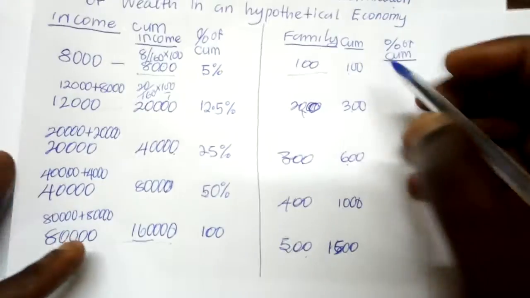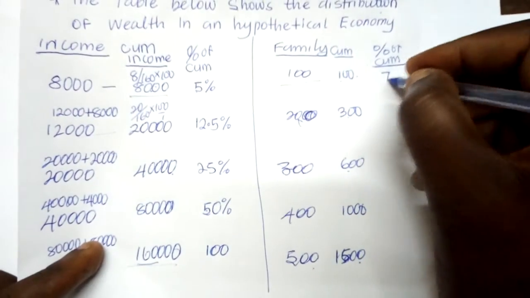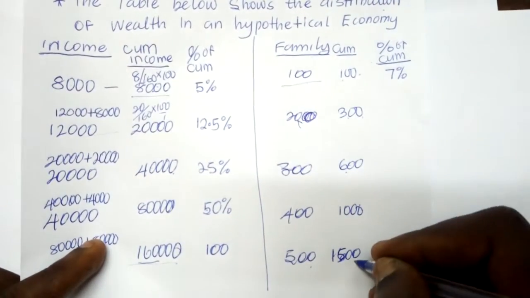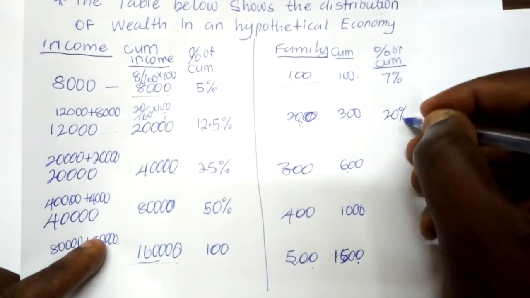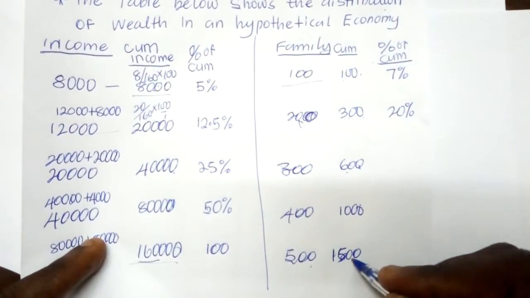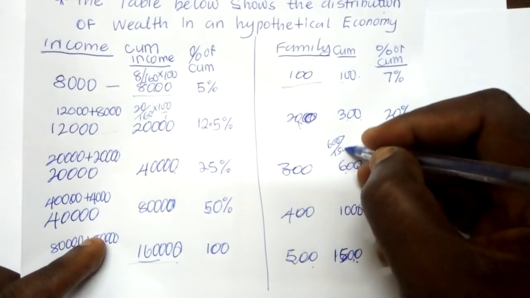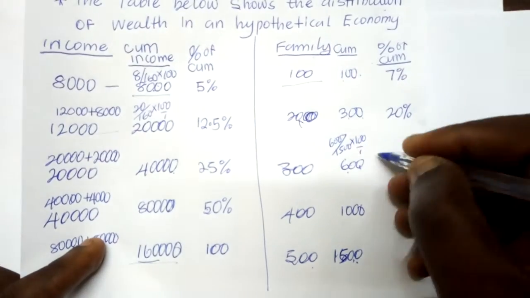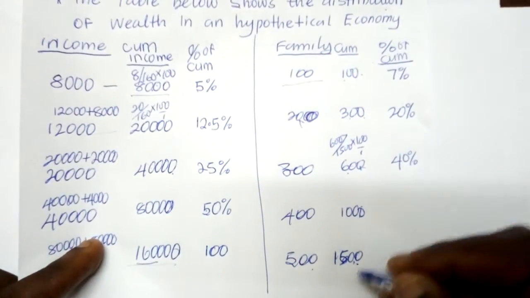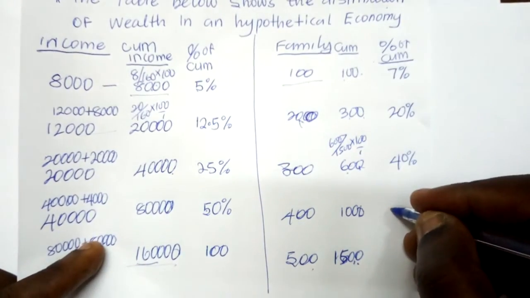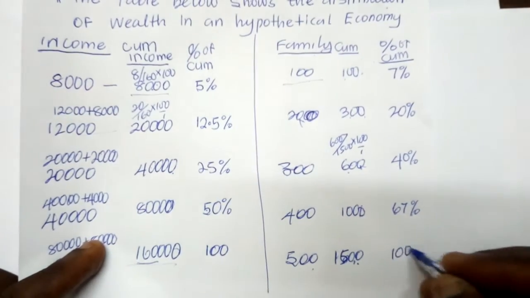So as you have gotten this, we have 100 divided by 1,500 to give you 7%. 300 divided by 1,500 times 100 all over 1 will give you 20%. 600 divided by 1,500 times 100 all over 1 will give you 40%. 1,000 divided by 1,500, that's 67% approximately, and of course this is 100%.